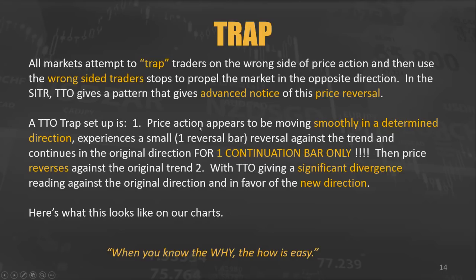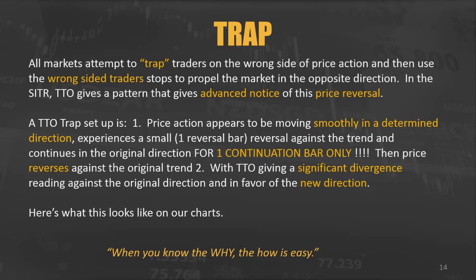And a setup basically is this. Price action is moving in a direction, up or down, doesn't matter. After a substantial run, it looks like it's headed for another continuation. Let's say down, since that's my example. Price is coming down, down, down. We get a 4, 5, or 6 bar run, and then we get a single bar reversal and then a continuation down.